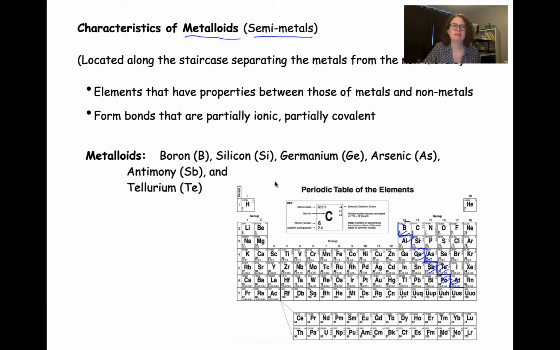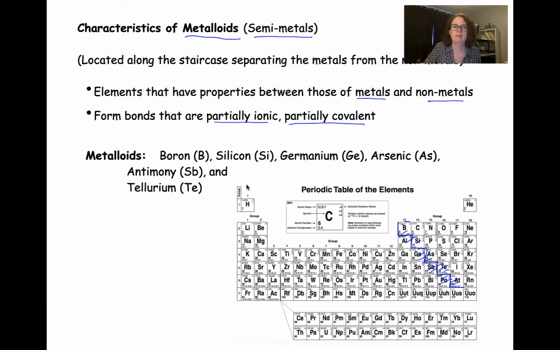Because they're sandwiched between metals and nonmetals, metalloids tend to have properties that are between those of metals and nonmetals. They form bonds that are partially ionic, so they can kind of lose electrons, and partially covalent, so they kind of share electrons. They are usually semiconductors, so they can conduct some heat and electricity, but not as well as metals.